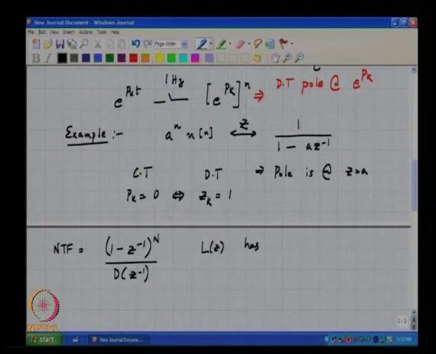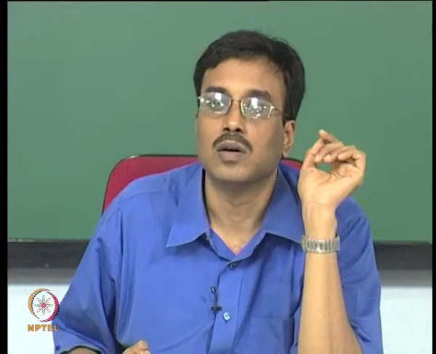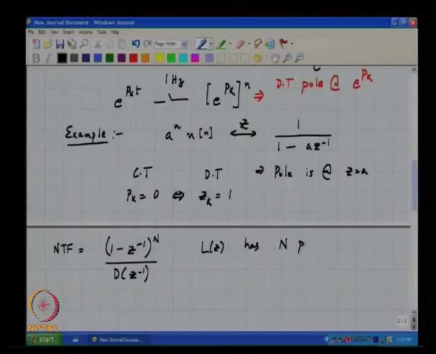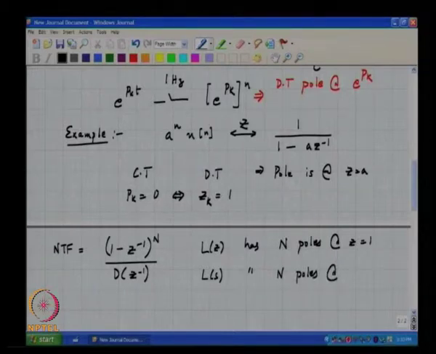What can we say about the poles of L of z? The loop filter in discrete time has n poles at z equal to 1, which means the continuous time loop filter must have poles at s equal to 0, correct.